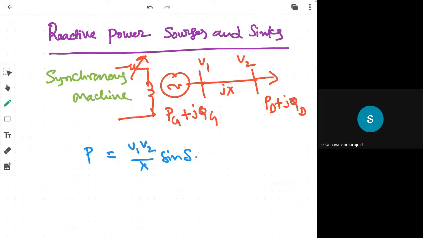Q is also a function of voltages. You can derive that expression if it is required. The reactive current can be controlled in over excited or under excited modes.